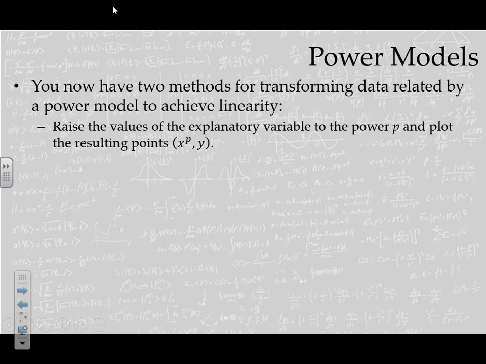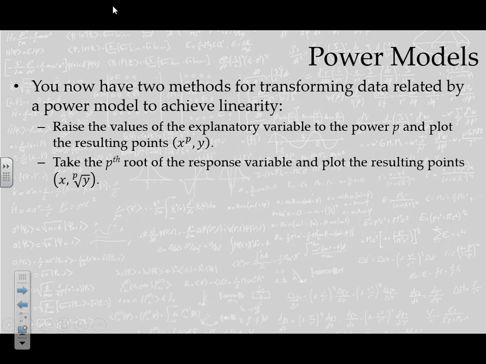You're going to take x to the p and relate it to y. Plot those points. Or you can take the pth root of the response variable and relate it directly to x. So x can relate to the pth root of y. So you have 2 different options with that. Now, of the 2, I would generally choose option 1. It's a lot easier to work with when you just apply the power to x rather than trying to take a root of y.